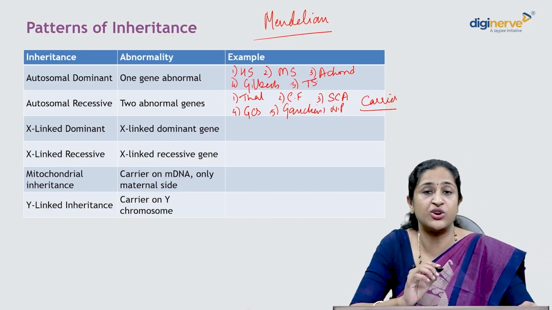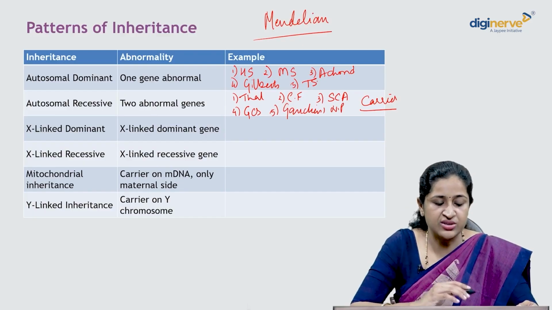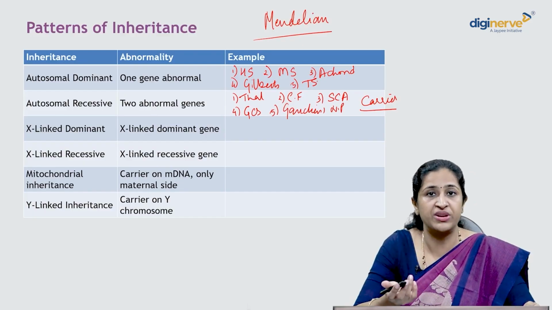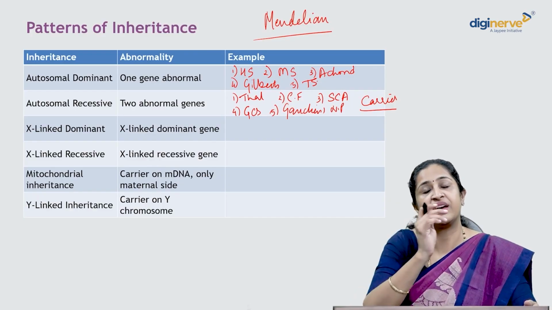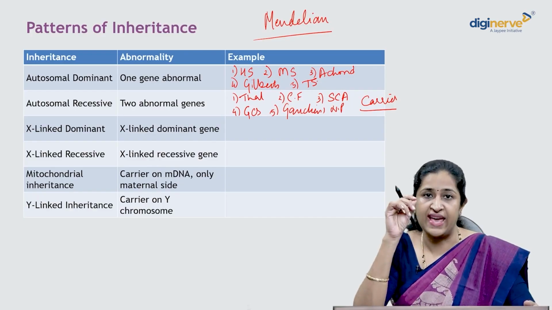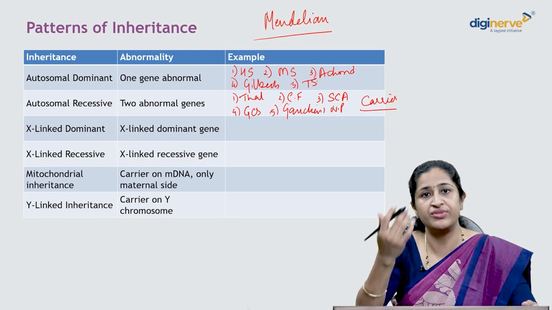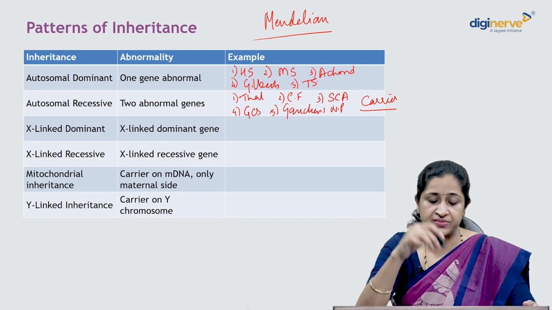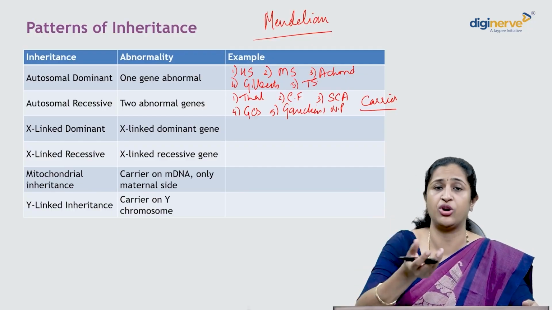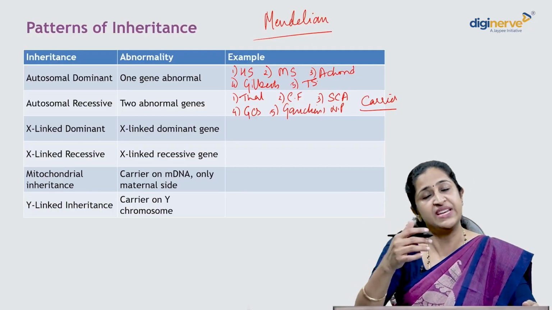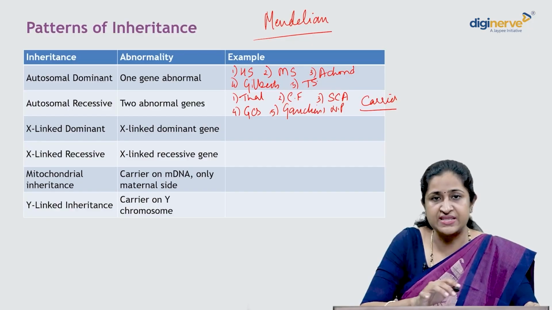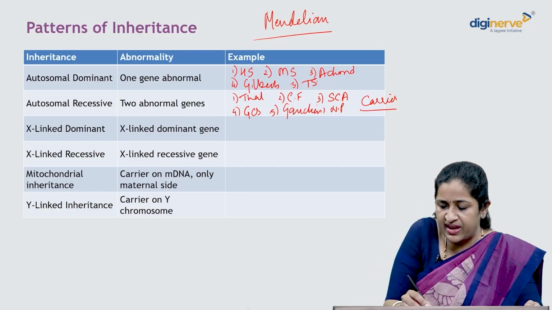Now coming to disorders of the sex chromosomes. Disorders of sex chromosomes are X-linked dominant conditions, which means the abnormal gene is on the X chromosome and it is a dominant gene. So that gene will always be expressed, whether it's a girl or a boy. If it's a dominant gene, it will be expressed. So X-linked dominant, what are the examples that we have?